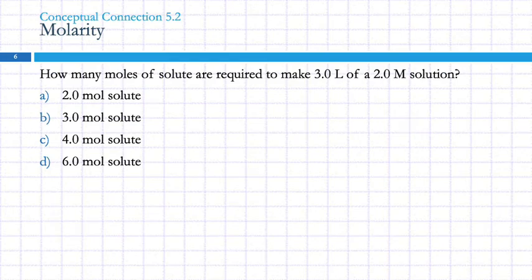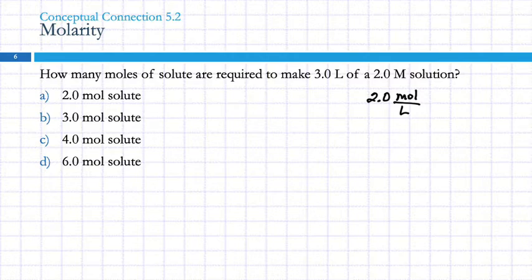So how many moles of solute are needed to make 3 liters of a 2 molar solution? Anytime you see this capital M, students often forget what that means. So this is 2.0 moles per liter. It's just easier to write, so everybody does that.